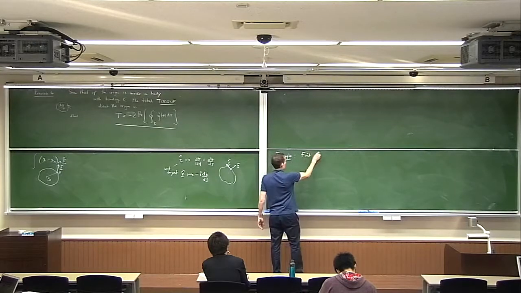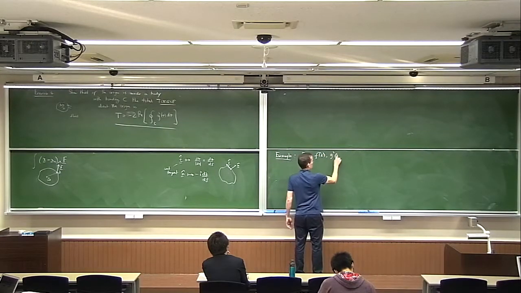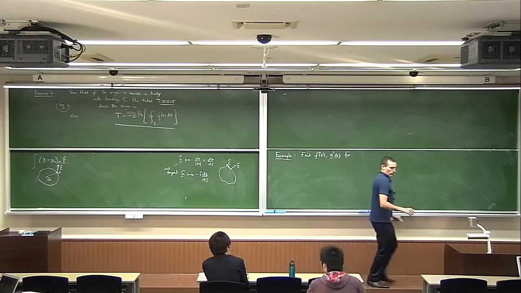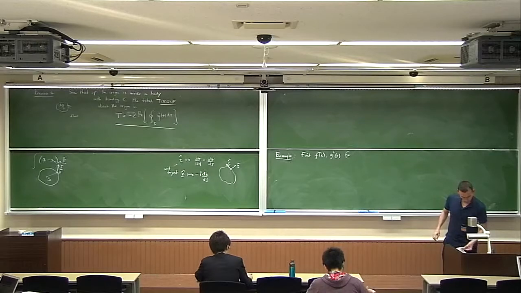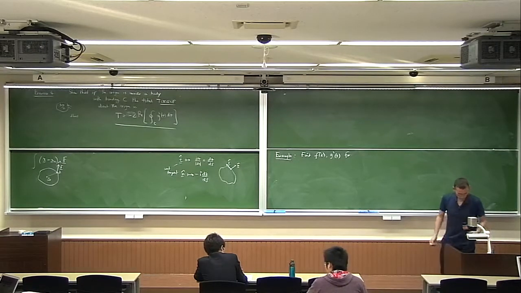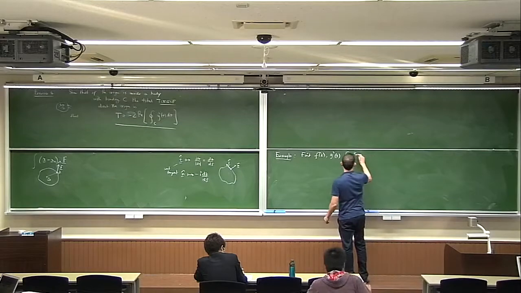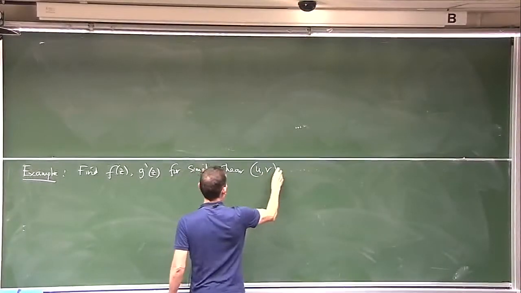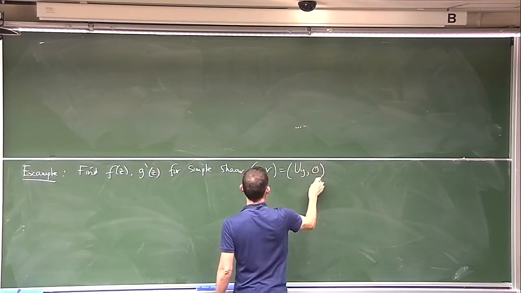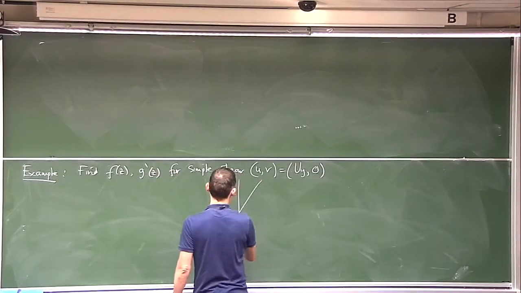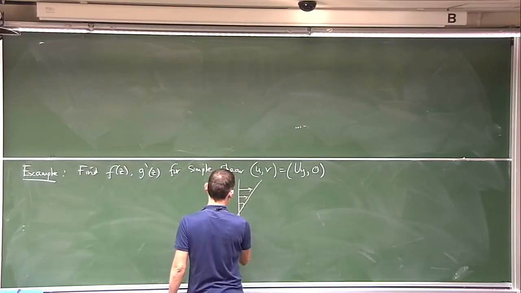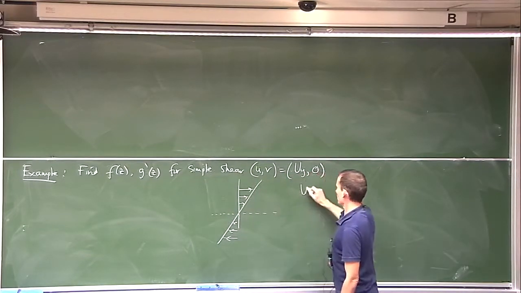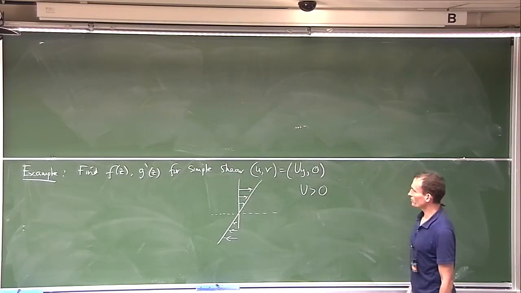Find F and G prime, say, for, what do we want, shear flow? Yeah, simple linear shear. So U, V is U Y, 0. Okay, so it's just this. I've seen this before, right? Simple shear flow. U is some constant.